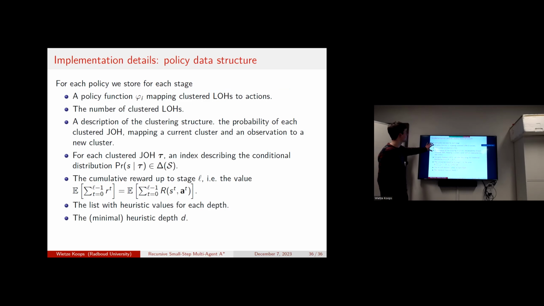These three together are also the output of the algorithm. It's a clustered policy, and from that you could expand to a full policy depending on the whole observation history. But if you have a large horizon and the clustering is very good, that will be way bigger.